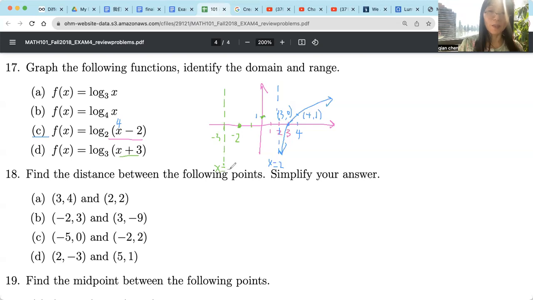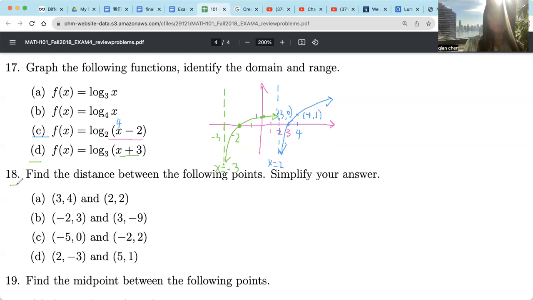Then my graph goes through these 2 points, keeps going down along x equals -3, but it will never touch x equals -3. So the green color is my graph for D.